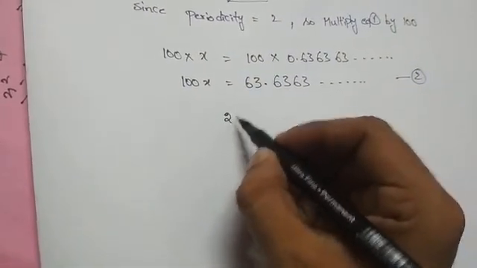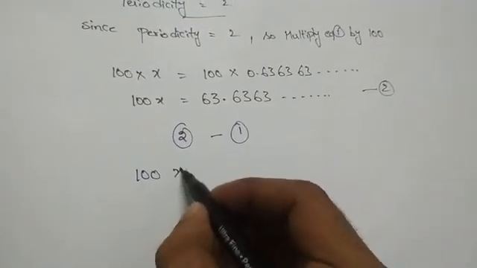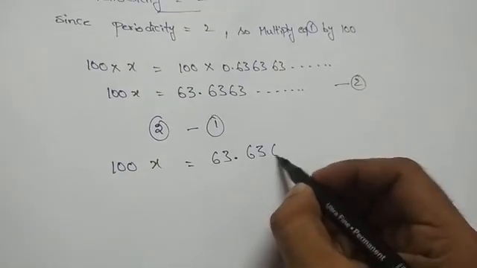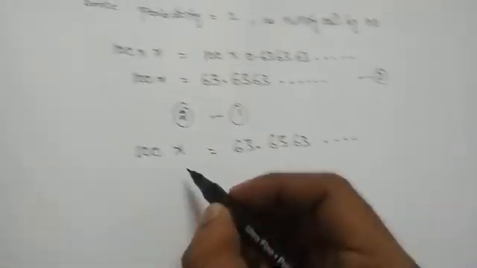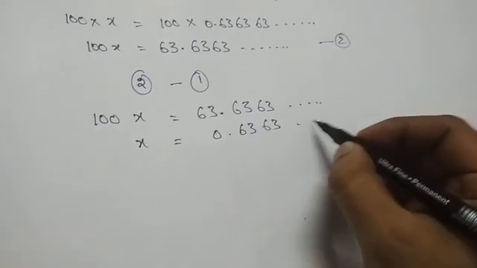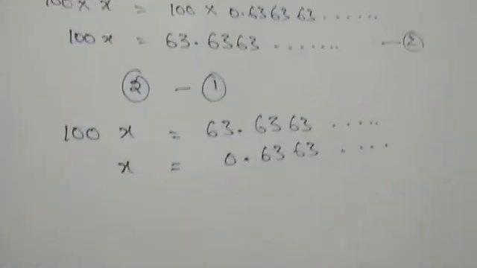Now what I will do, this is the most important, is equation 2 minus equation 1. Equation 2 is 100x is equal to 63.6363 and so on. Equation 1 is x is equal to 0.6363 and so on. Remember, these decimal points should be in order.